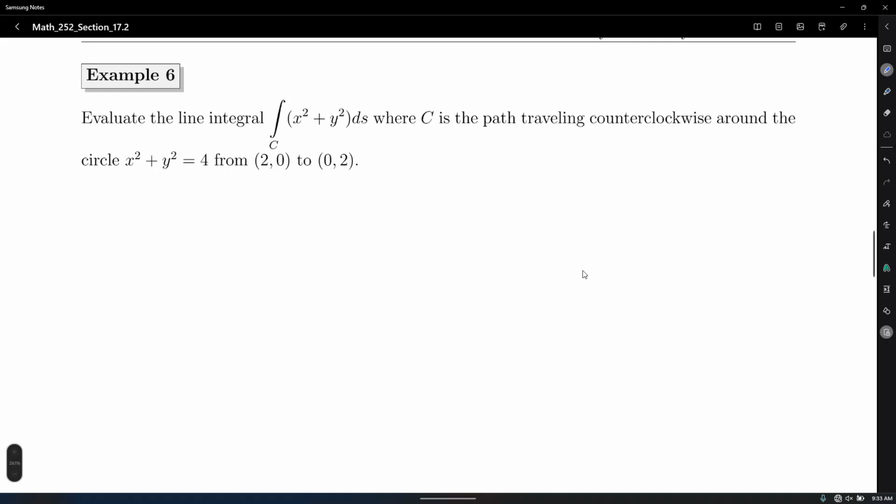So when it comes to parameterizing the circle, r of t will be cosine t, sine t. What am I missing here? The 2's, right? Because it's a circle of radius 2, and it's going from the point (2, 0) to the point (0, 2). Is that the entire circle?